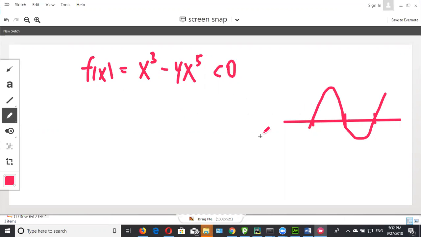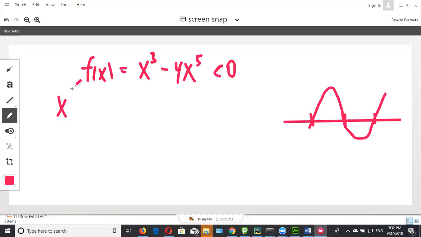So given any graph, if you find its zeros, the regions demarcated by the zeros will usually be regions where the graph is either greater than 0 or less than 0. In this case, we want to find the regions where the function's values will be less than 0. So we have to find the zeros first.